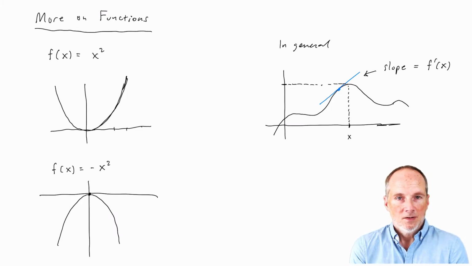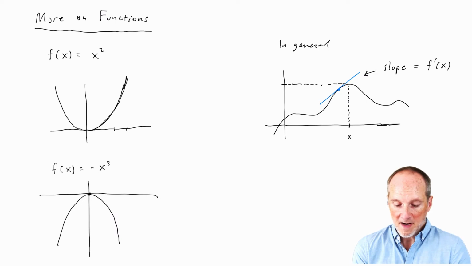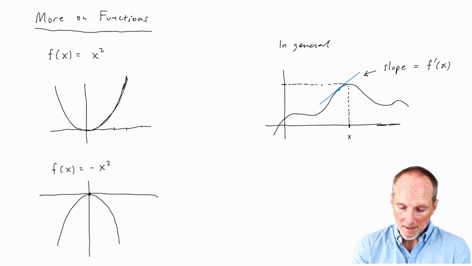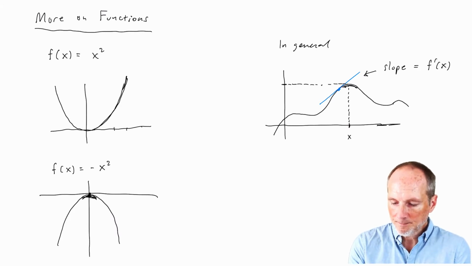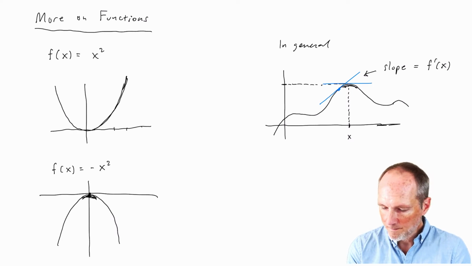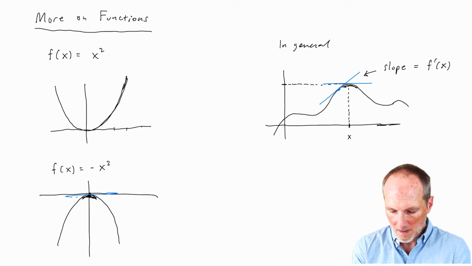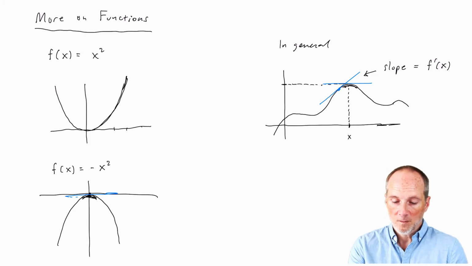All right. So how is this related to calculus and derivatives? Well, if you just look at these pictures where we have a maximum, so that is here or here, you can see that the tangent line, if I were to draw that in, it's flat, right?